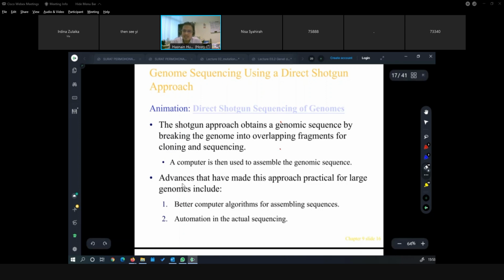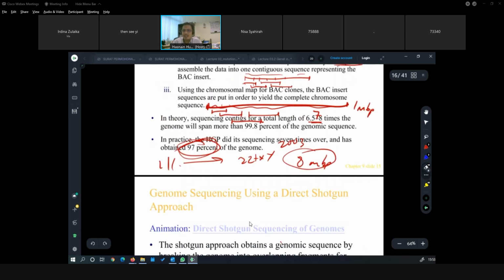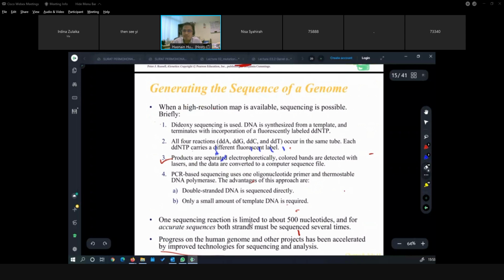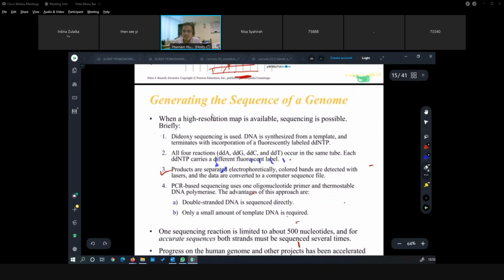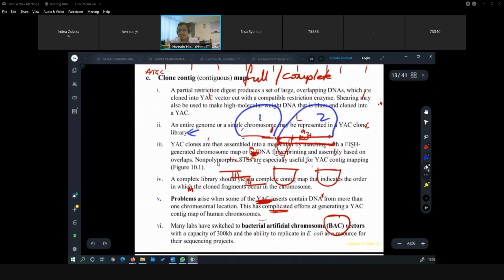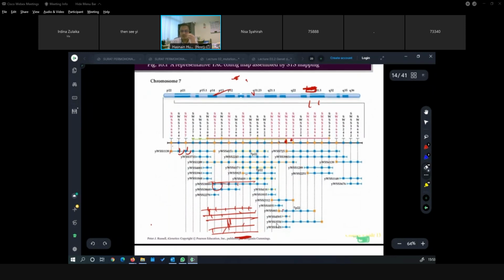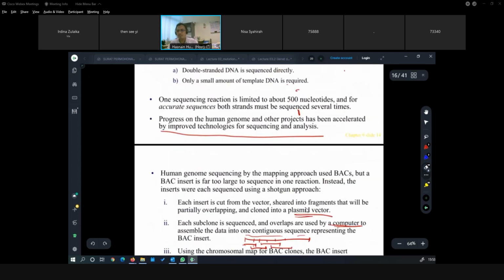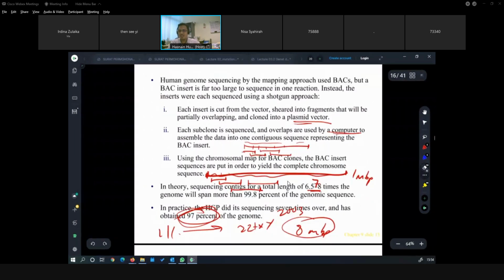Advances have been made in this approach because of better computer algorithms for assembling the sequence and also the automation of the actual sequencing. When the human genome project started with the mapping approach, you had to clone everything, which was very tedious, and then do the assembly. You had to analyze based on the markers and put the sequence together, initially manually and then with the computer.